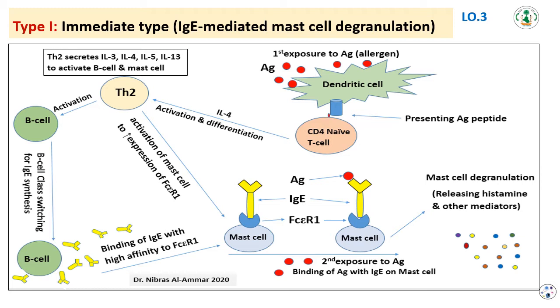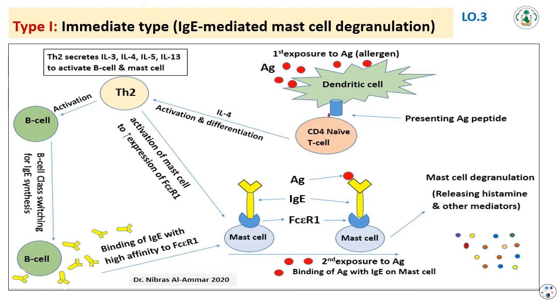This IgE will bind with a specific receptor on the mast cell, and it has a high affinity to the Fc epsilon R1 receptor on the mast cell.